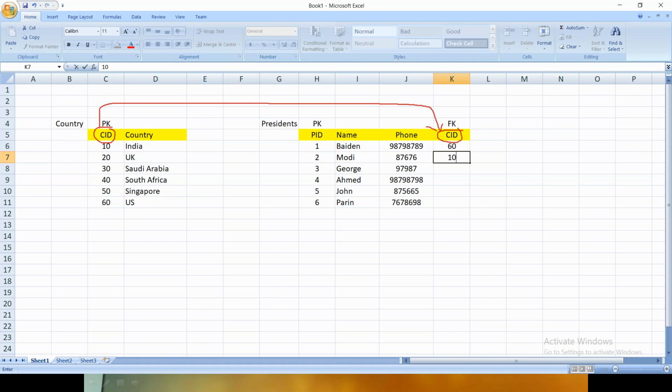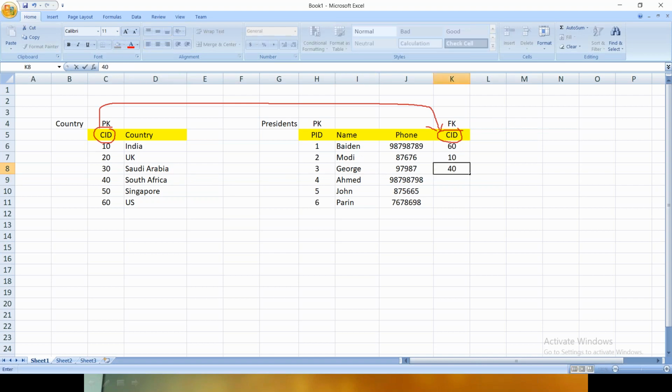You should write it. Computer will not write. Computer is there to store the data. Filling the data has to be done by you only. Clear? So you means either the developer or data entry people. Those people have to enter the data. Computer is not there to enter your data. Computer is there to store your data. Clear? So remember this point. So Modi, and George maybe for South Africa.